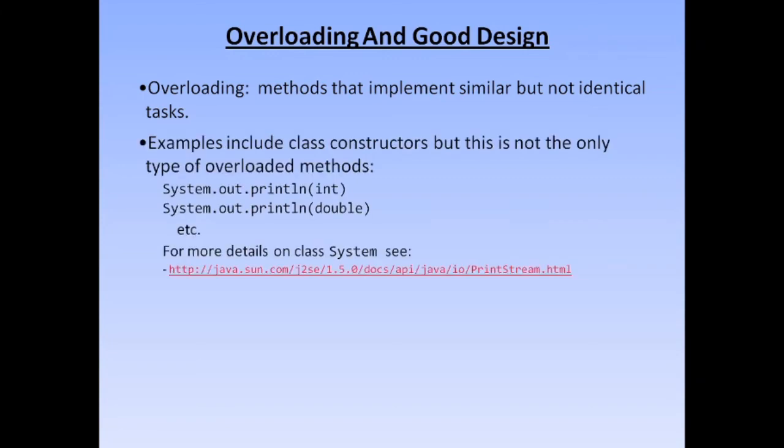Now there are examples in which Java as a programming language has overloaded forms of methods. A very easy example is println. That println function prints an integer as well as a double as well as a string.